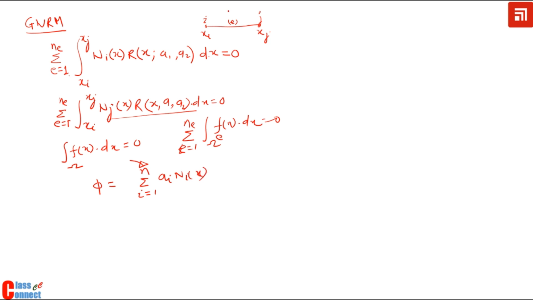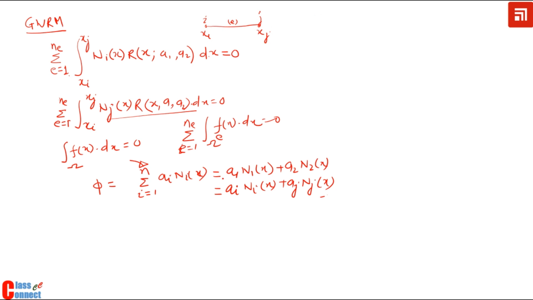So for the 1D case with 2 nodes, I can write it like this: a1 N1(x) plus a2 N2(x), for element number 1, or in general we can write it as ai Ni(x) plus aj Nj(x) for a general element with i and j nodes.